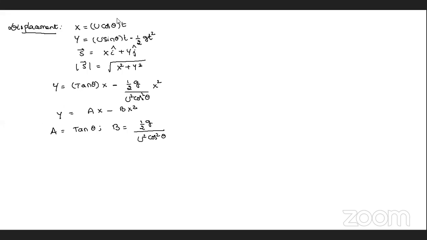And then if we go to the velocity part here, along the x-axis we got u cos theta. And I said this remains constant throughout the path, constant at any point in its path.